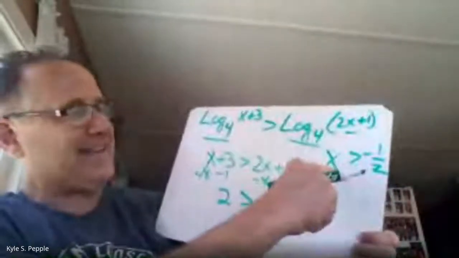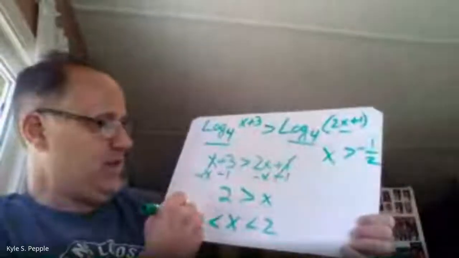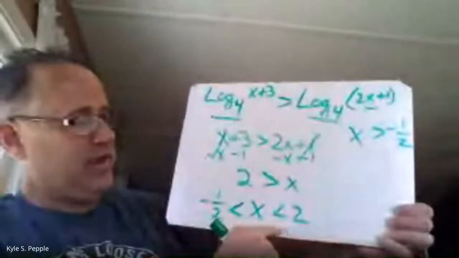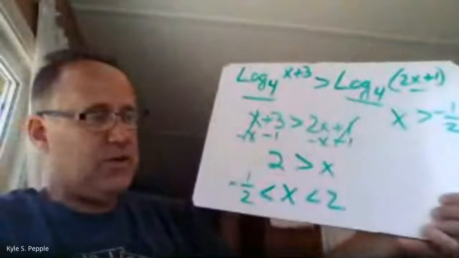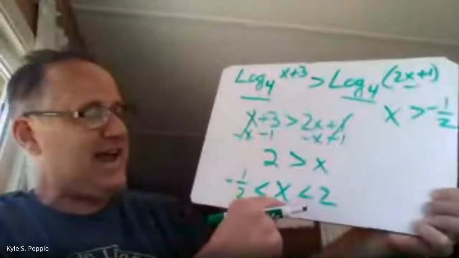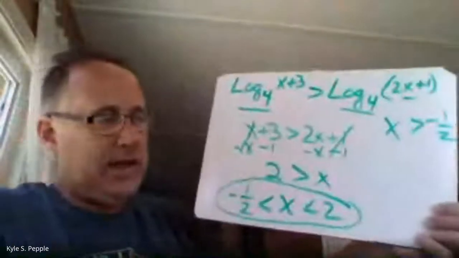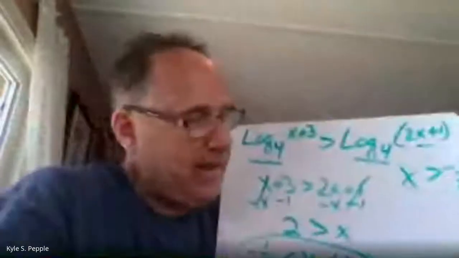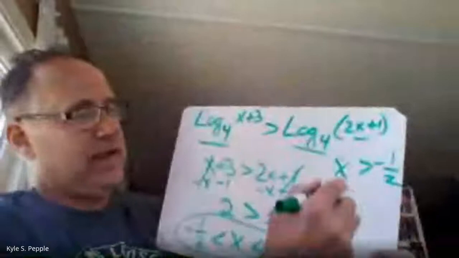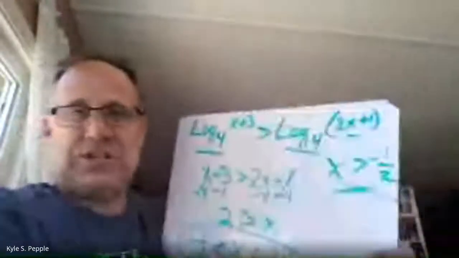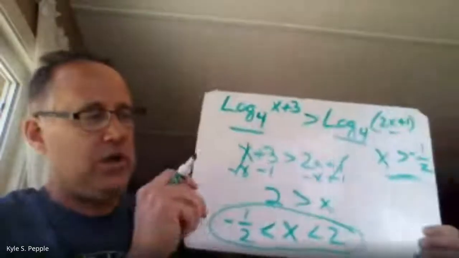But we also know that x needs to be greater than negative 1/2. So my solution set would be negative 1/2 is less than x, which is less than 2. And you can see that problem. That is example 4, on page 480. Take a look at that and go through what those restrictions might be in terms of what your solutions are.